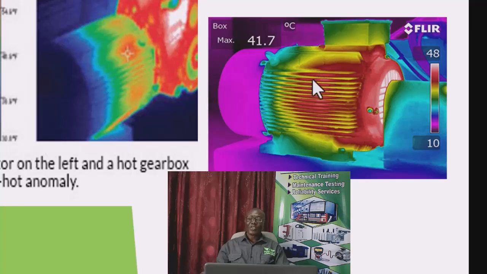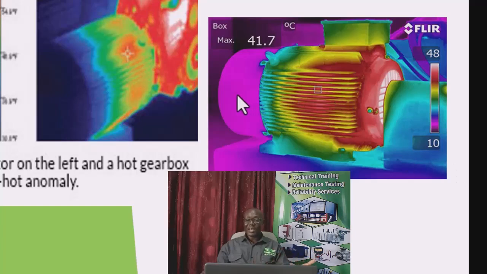That heat conducted onto the frame is given off in form of the infrared, which we are seeing here. So this is a normal thermogram. You see that the middle of the motor will be hotter. Are we getting it? Because the windings are concentrated in the middle of the motor.